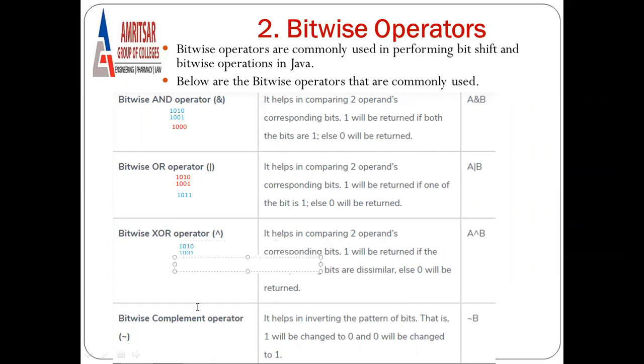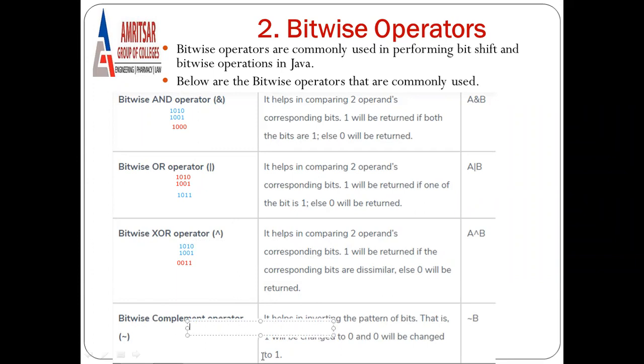Both are 1, it will return 0. Both are 0, it will return 0. One is 1 and the second is 0, so it will return 1. So if we have two different values, it will return 1. If we have the same value, whether true or false, it will return 0.